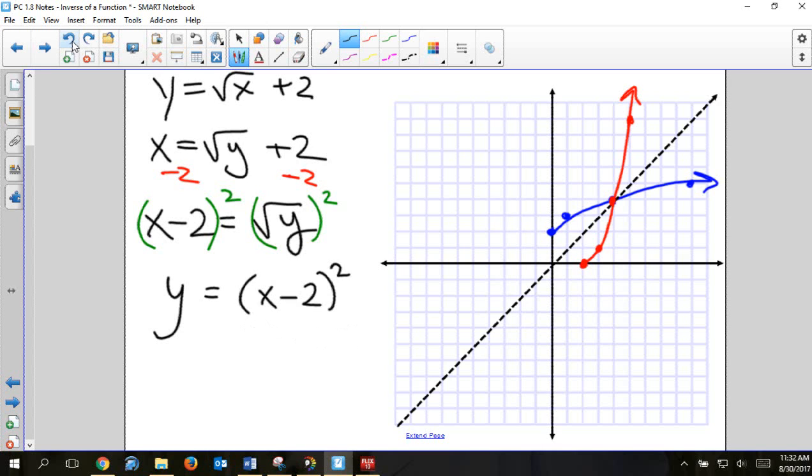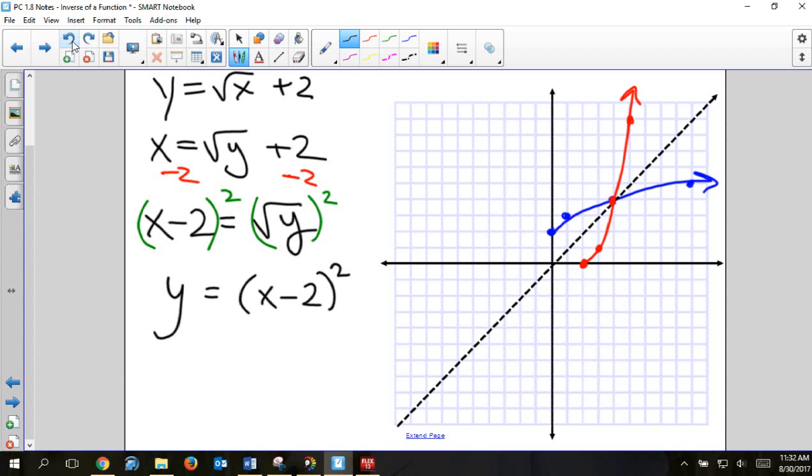What's the transformation on that parabola? Which way? Right, to the right 2. And if we go over here, isn't this part of a parabola that starts at 2? Yeah? So with our equation, we have to tell whoever's looking at our answer that this is only half of the parabola.